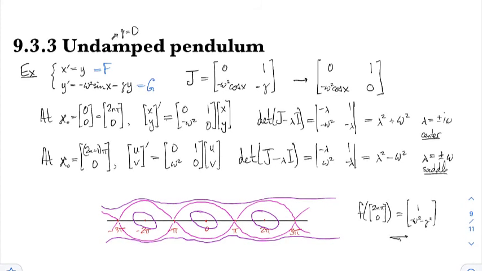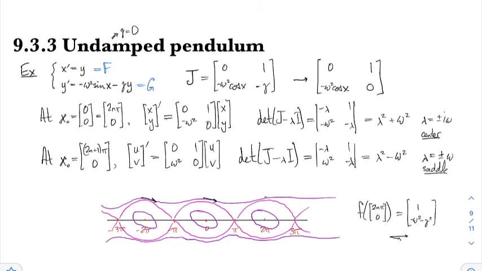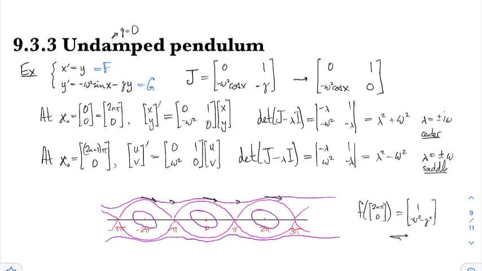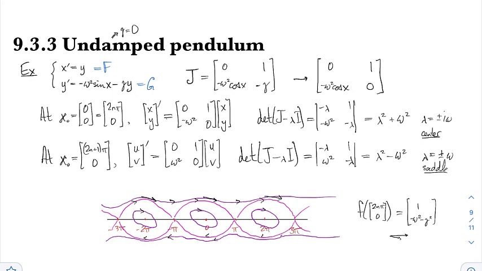So that's telling us we have something that goes down, over and to the right, like this. So that's telling us the direction of flow is going clockwise with all of these. There we go. Okay, so that's a picture of what it looks like in the undamped situation.